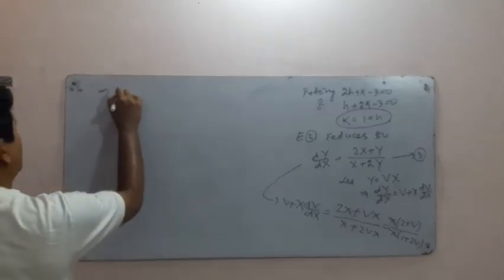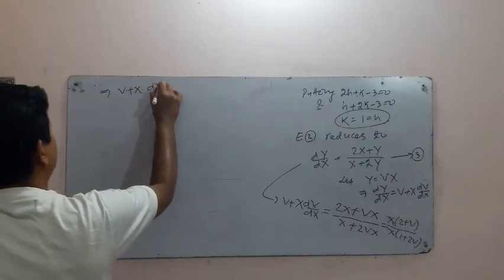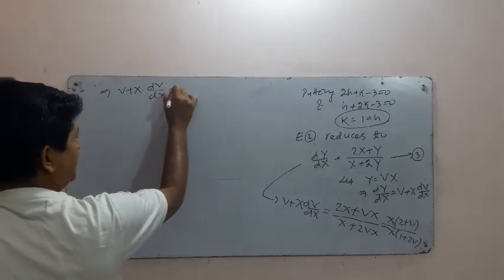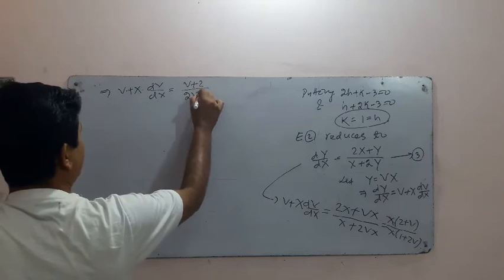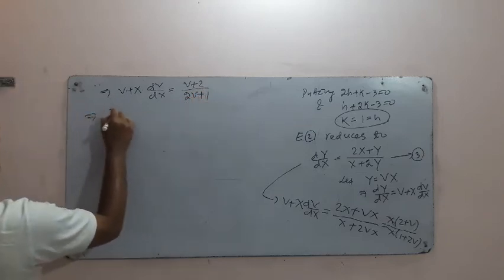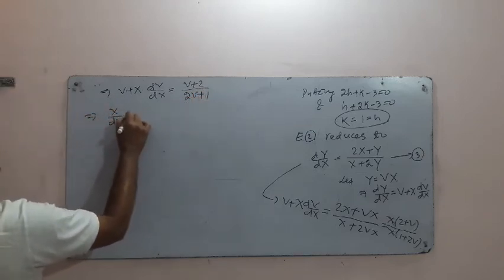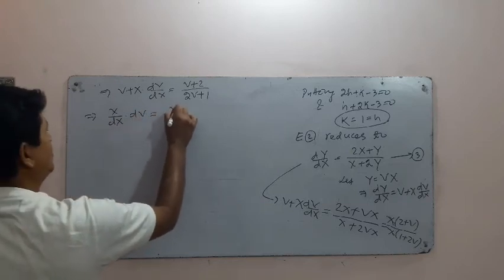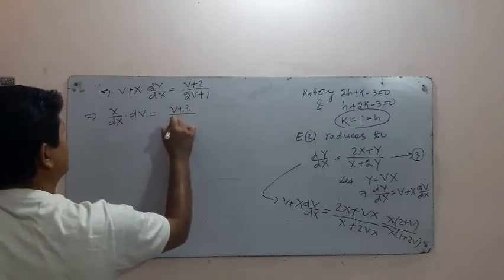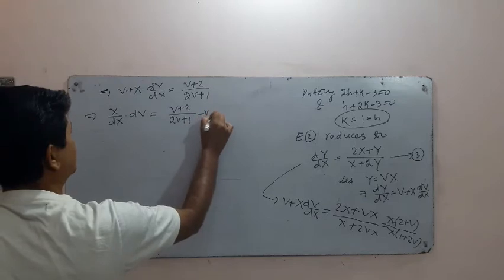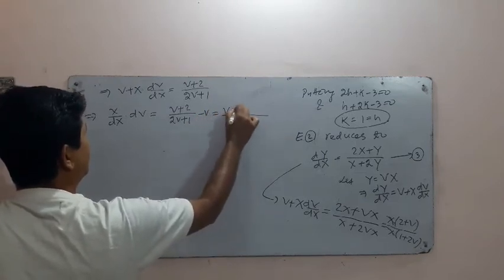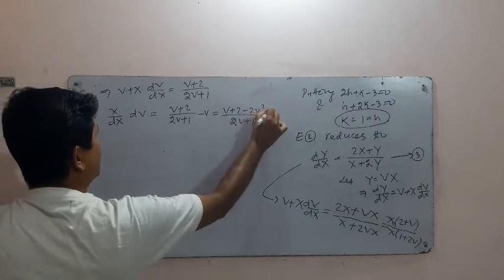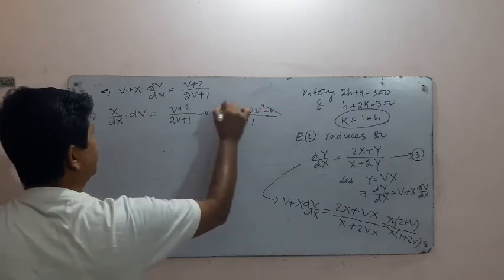So v plus X into dv by dX is equal to (v plus 2) by (2v plus 1). Now X dv by dX is equal to (v plus 2) by (2v plus 1) minus v. Taking 2v plus 1 as LCM, it is v plus 2 minus 2v square minus v, cancel.